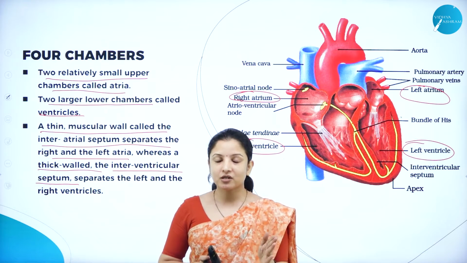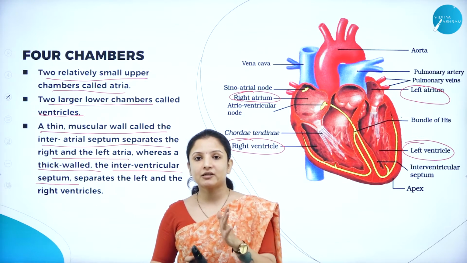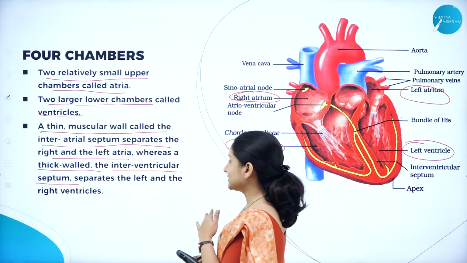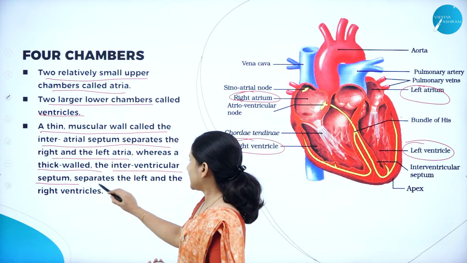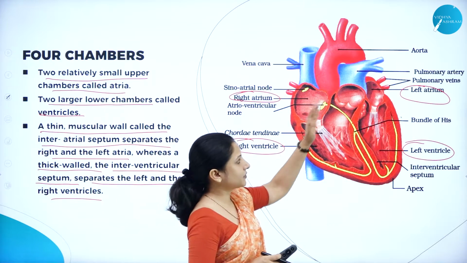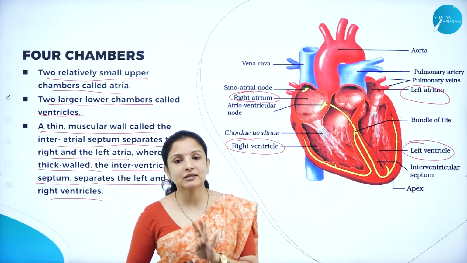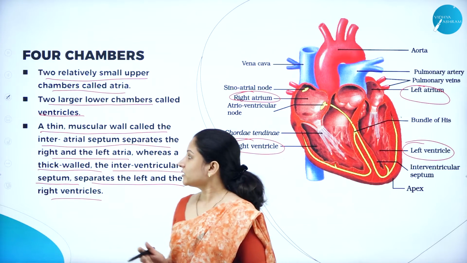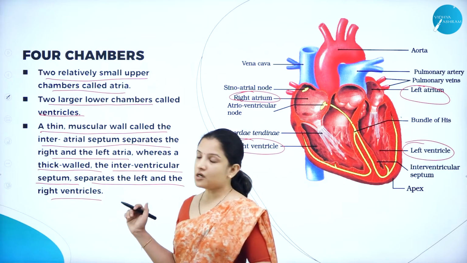The right ventricle and the left ventricle are separated by the interventricular septum. Therefore, because of the presence of the septa, the heart looks like it has four chambers. So this was about the chambers of the heart.